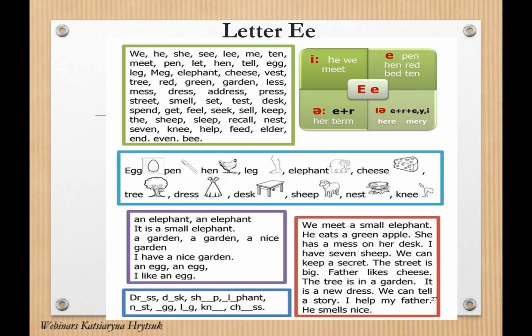We, he, she, silly, meet, pen, let, hand, tell, egg, leg, elephant, cheese, vest, tree, red, green, garden, less, mess, dress, address, press, street, smell, set, test, desk, pen, get, feel, seek, sell, keep, there, sheep, sleep, recall, nest, 7, knee, help, feed, elder, and even. The same you need to do with each other.